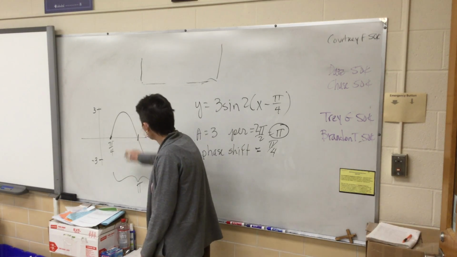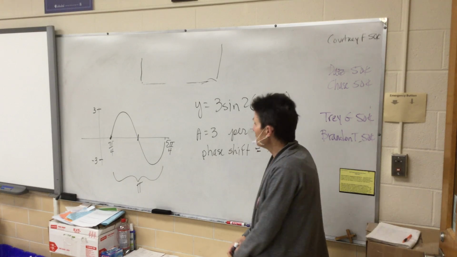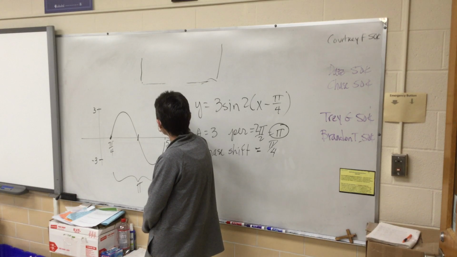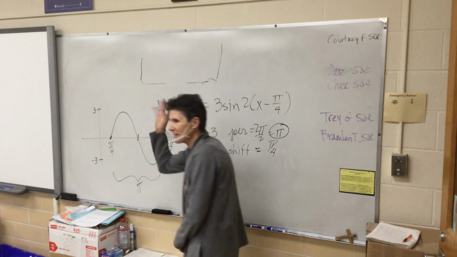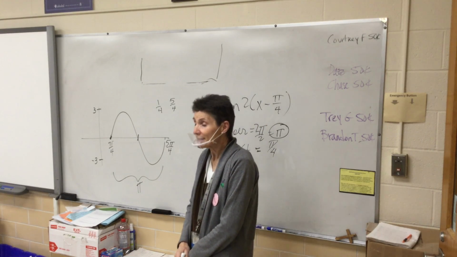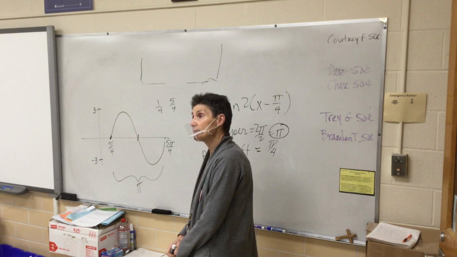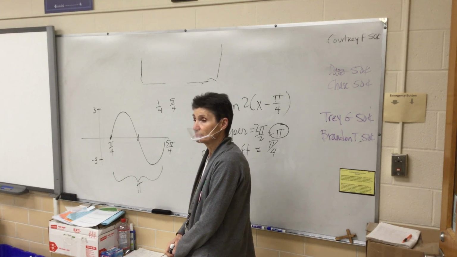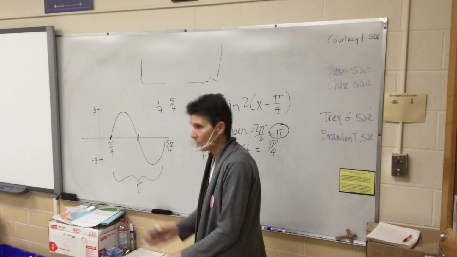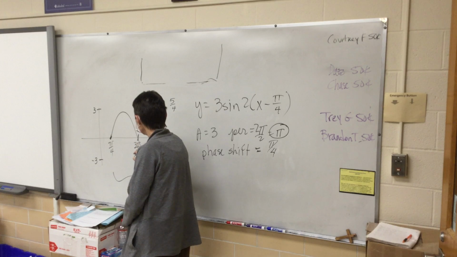Now, this is going to be right in the middle of 1/4 and 5/4. I know there's a pi on it, but I'm not using the pi in my calculation. What is right in the middle of 1/4 and 5/4? 3/4. What's in the middle of 1 and 5, right? 3/4. So this is 3 pi over 4.